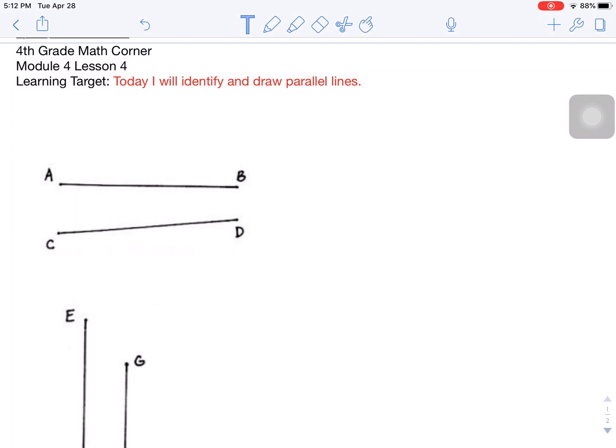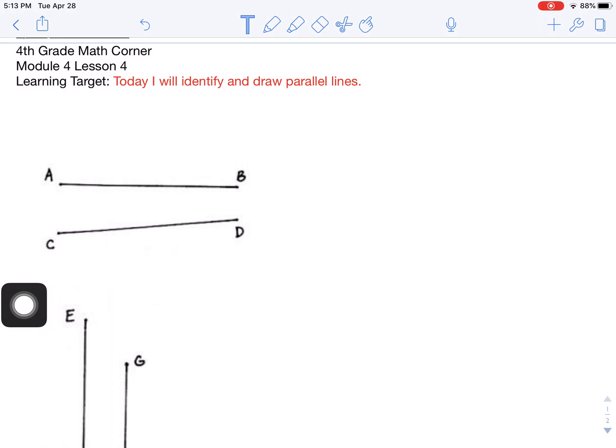So parallel lines are different than perpendicular and intersecting lines. If you notice these lines that I have here, what do you notice? I notice that there are two line segments, line segment AB and line segment CD. Right now there's space between them and they're not touching anywhere.